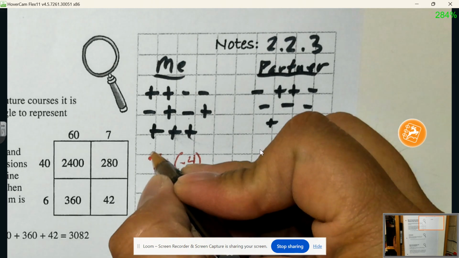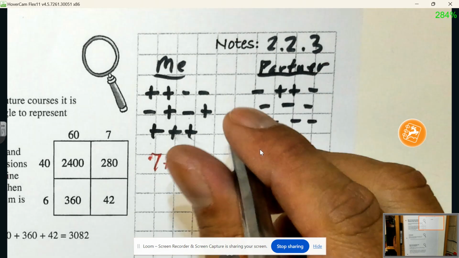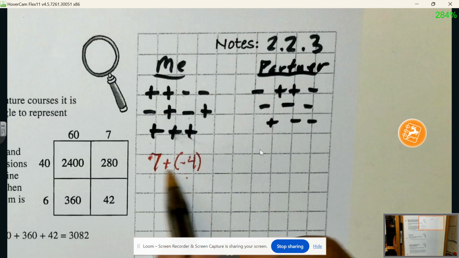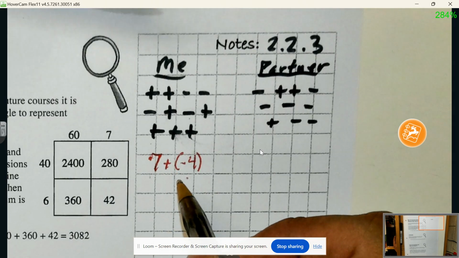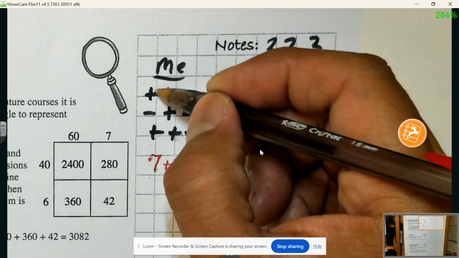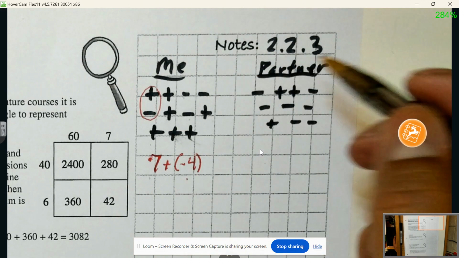So we have 7 plus negative 4. To get the value of this, there's a couple things we can do. We can think of 7 plus negative 4 in other ways using a number line, but if we have the tiles here, we know what happens when you have a positive and a negative together. This is called a zero pair.